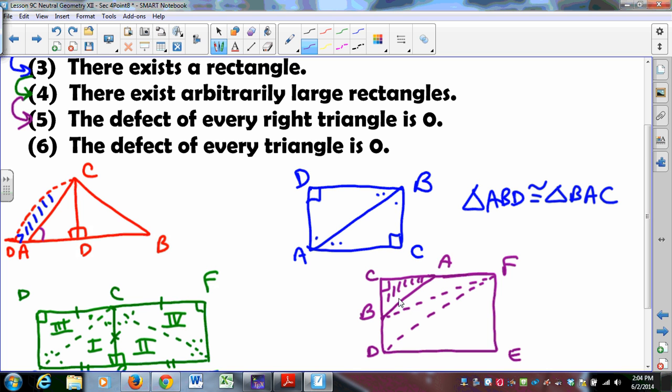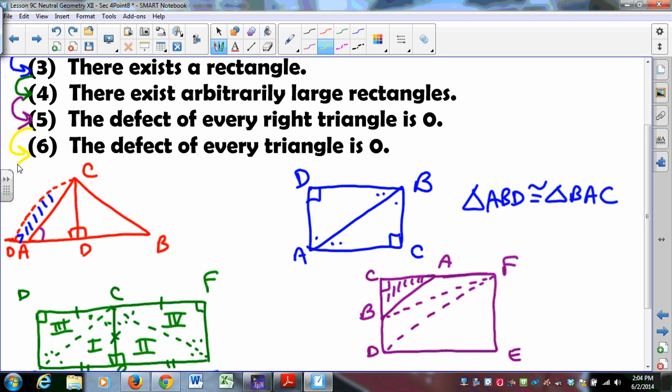Five to 6 should be fairly obvious. If I have a right triangle whose defect is 0, then any triangle has defect 0. You can divide the triangle into 2 right triangles.